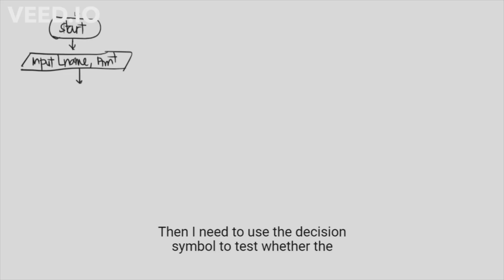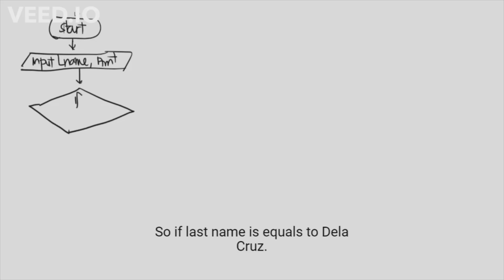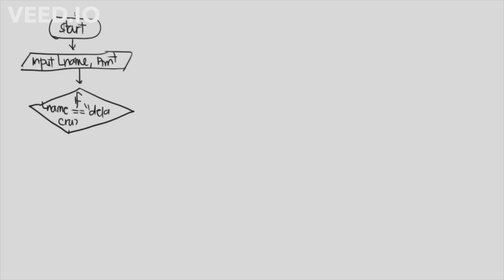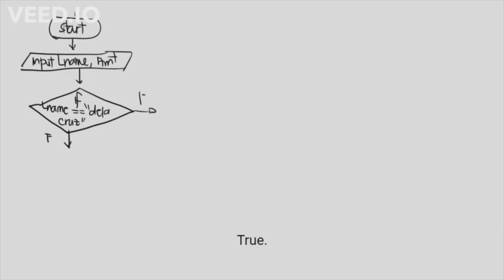Then I need to use the decision symbol to test whether the last name will be De La Cruz. So if last name is equals to De La Cruz, then I have it here, the false, and I have it here, the true.